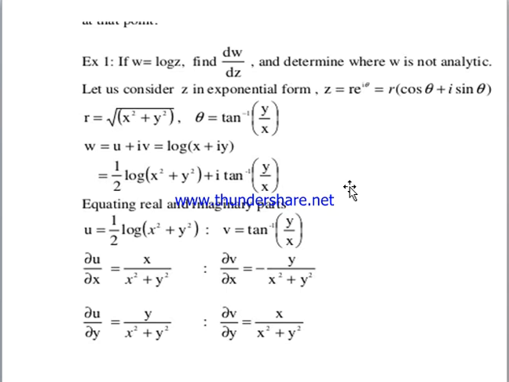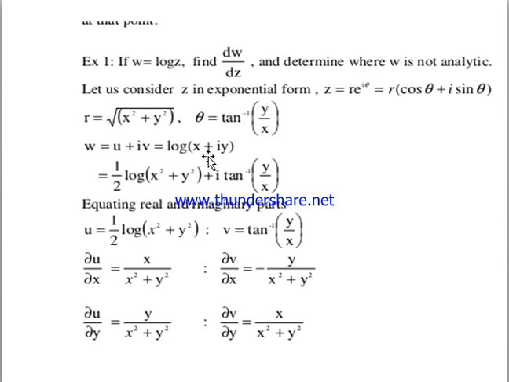After that we can go to the Cartesian form. Let us consider z in exponential form: z = re^(iθ) = r(cos θ + i sin θ). Here r is, as already discussed, the square root of x² + y², and θ is tan⁻¹(y/x). If we substitute, w = u + iv = log(re^(iθ)).